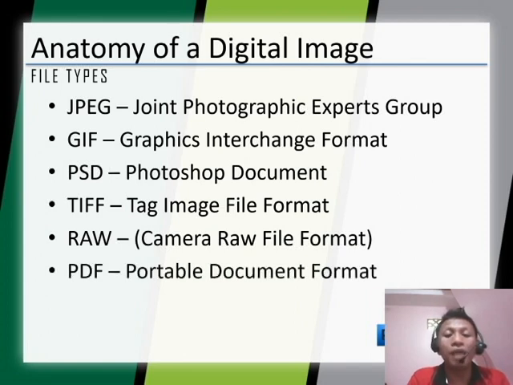The next file format is the camera raw file format. It is the most common format for uncompressed images captured by digital cameras. RAW files are generally large in size because they contain minimally processed image data with lossless quality.